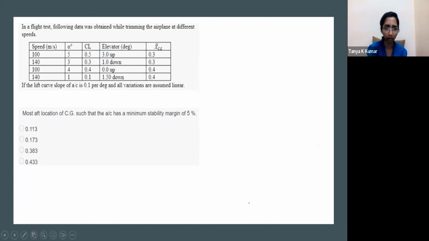Next, find the most aft CG location such that the aircraft has a minimum stability margin of 5%. This is simple, right? Stability margin is given to you and we need to find the most aft x̄_CG. You have x̄_NP. So stability margin is 0.05, x̄_NP is 0.433.